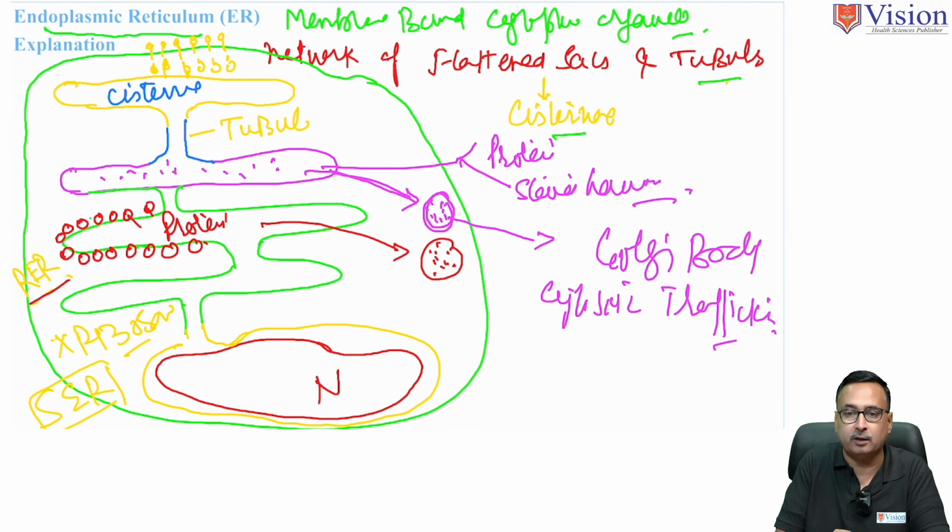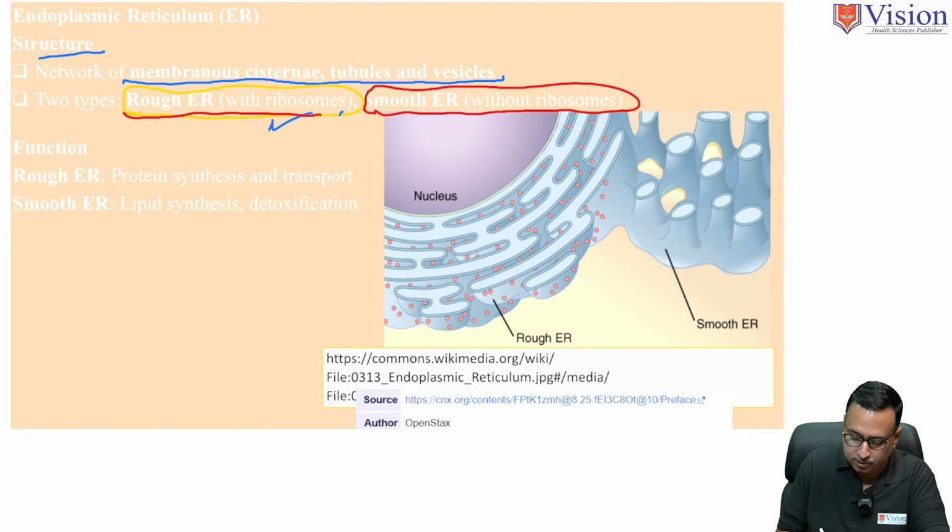It's a rough endoplasmic reticulum and synthesizes proteins which are packed into vesicles, and these vesicles transport to Golgi body for maturation. This is cytosolic transport. If a cisterna is without ribosomes, we call it smooth endoplasmic reticulum. Its function is to synthesize steroids and steroidal hormones. So on the basis of structure and function, there are two types of endoplasmic reticulum.